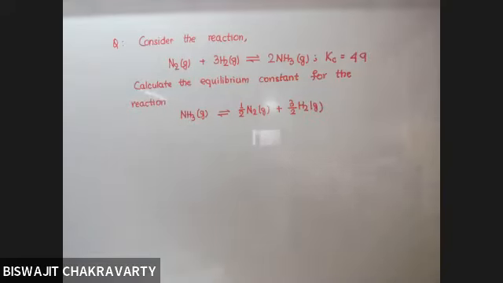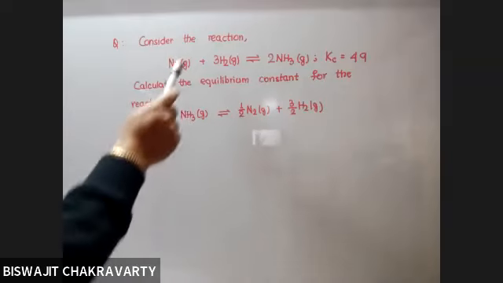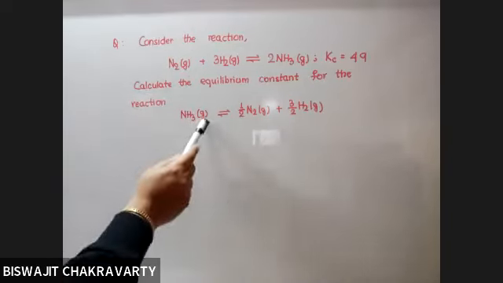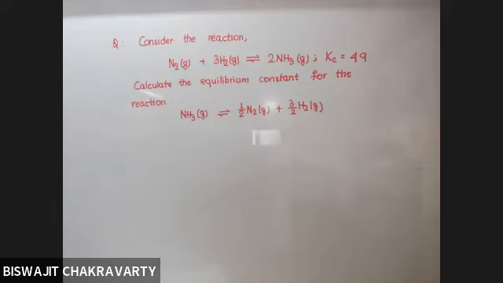So in order to understand it, compare the two reactions and tell me what are the changes you have made in this particular reaction. If you want to get this from this, কি change কৰিব লাগিব, কি কৰিছো আমি? So equation is reverse.